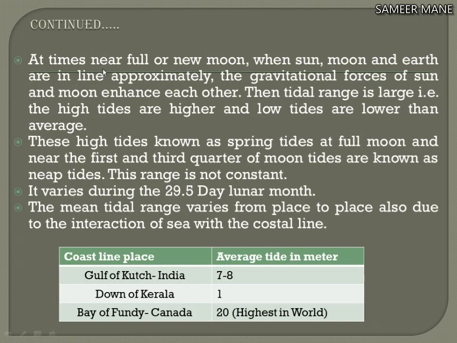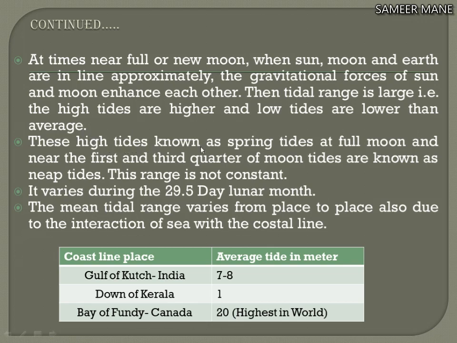At times near full or new moon, when sun, moon and earth are approximately in line, the gravitational force of sun and moon enhance each other. Then the tidal range is large. That is, the high tides are higher and low tides are lower than average height.